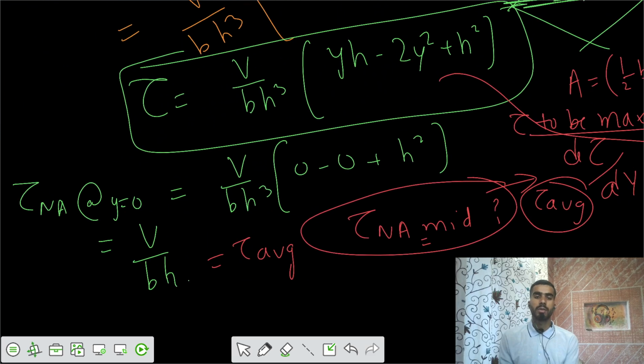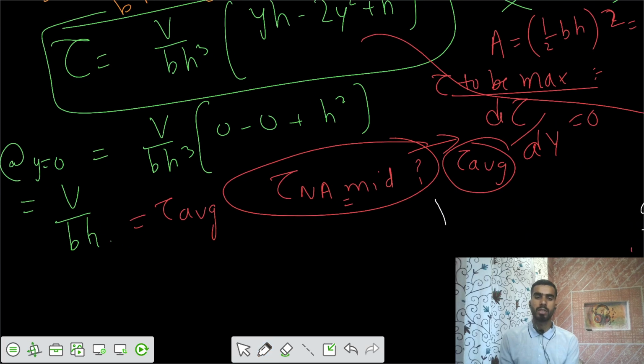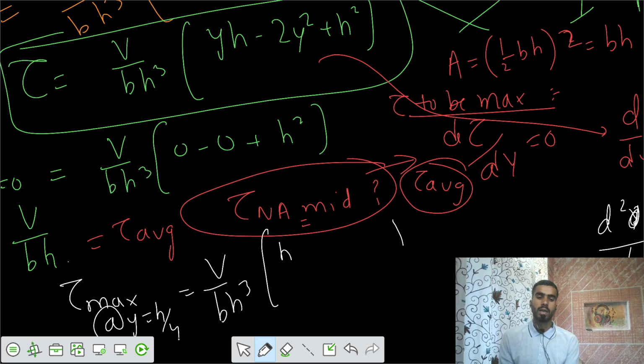At y equals h by 4, you substitute into this equation. I would write tau max at y equals h by 4 equals v by bh cube times y goes to h by 4, and similarly minus 2 times y goes to h by 4, that means h square by 16, plus h square.